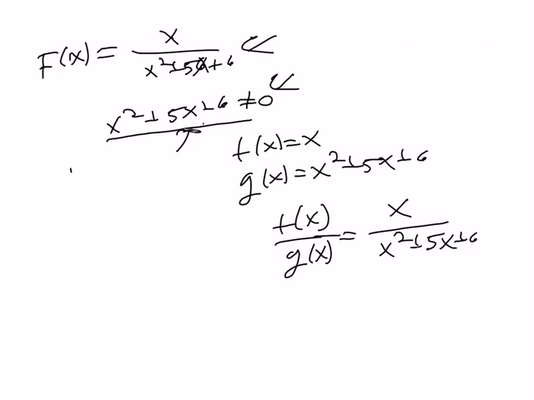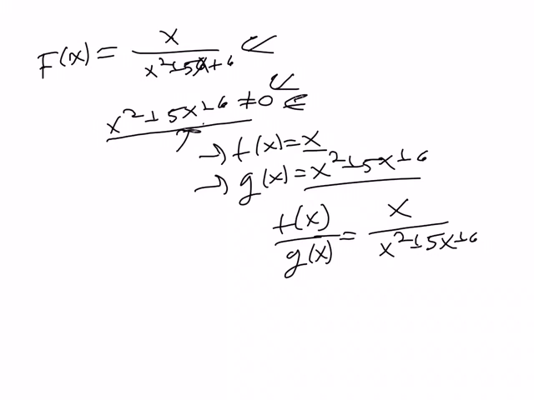So anytime the function x squared plus 5x plus 6 does not equal 0, this is continuous. That we understand, because using Theorem 4, f of x is x, and x is continuous. And g of x is a polynomial, and Theorem 5 says that any polynomial is continuous everywhere, on the interval negative infinity to infinity.